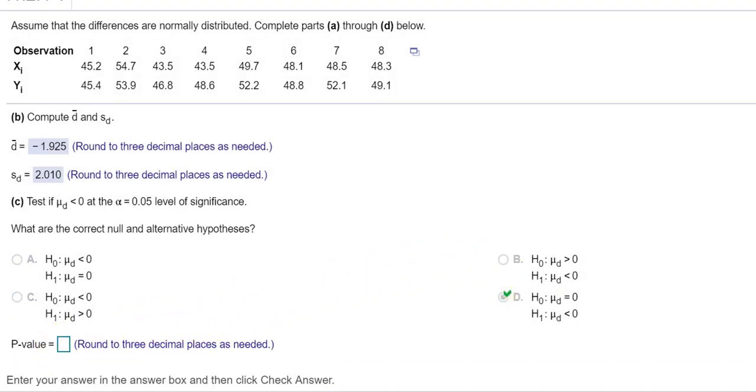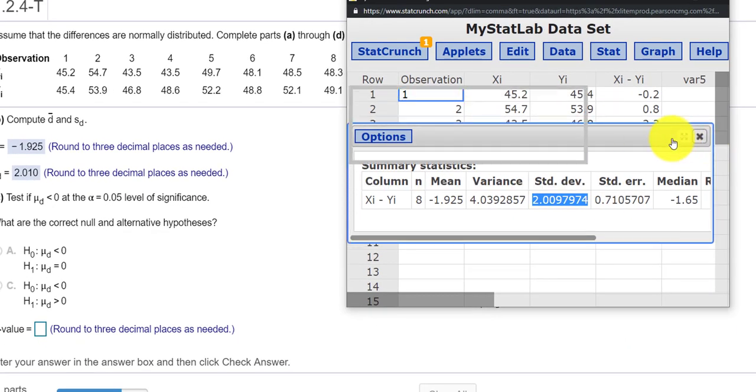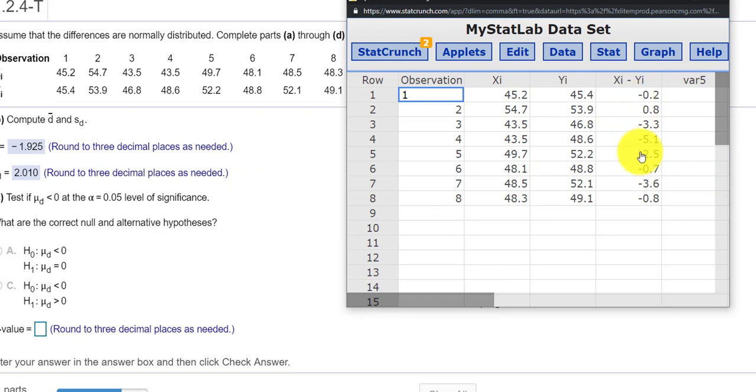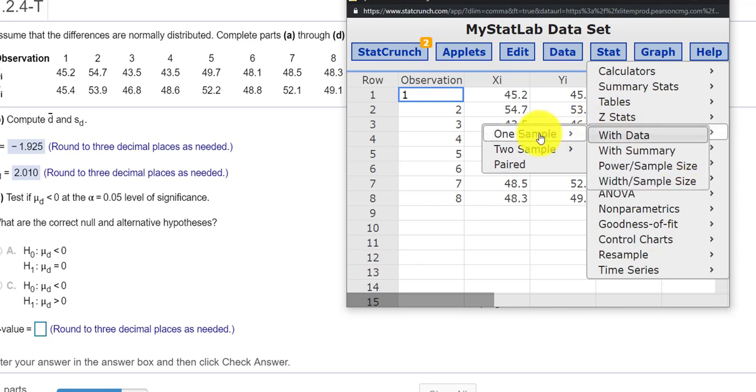So again, let's open up our StatCrunch. I can close this, and I'm going to use this last column, because I want the p-value for my difference, the d. If I press stat, and we're doing a mean, so it's t-stats. If it was a proportion, we'd be doing proportion stats. So it's a mean, t-stats, one sample with data.